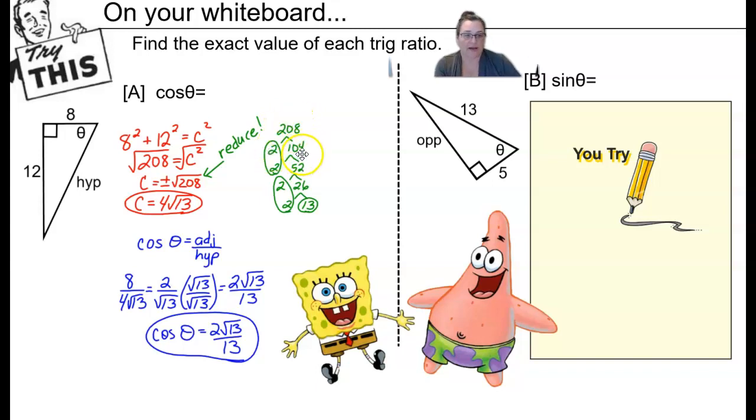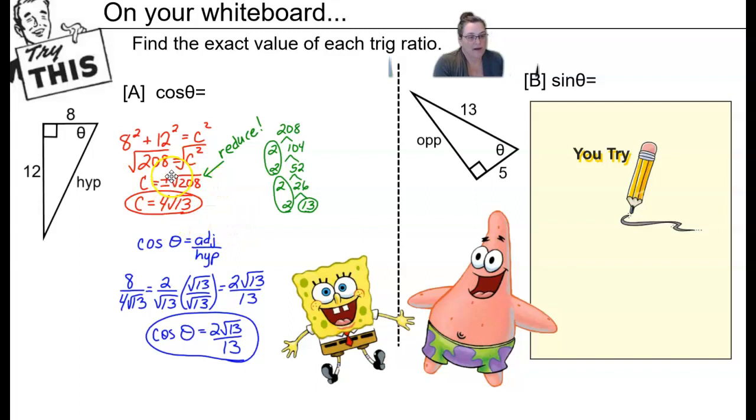You learned how to do that in Algebra 1 and Algebra 2. So 208 is 2 times 104. 104 is 2 times 52. 52 is 2 times 26. 26 is 2 times 13. So we have two pairs of 2's. That's the 4 out front. And then the 13 stays under the radical since that doesn't break down further. So the square root of 208 is equal to 4 root 13.